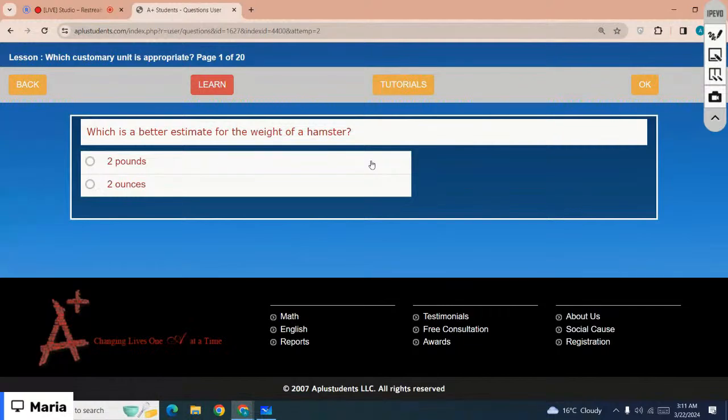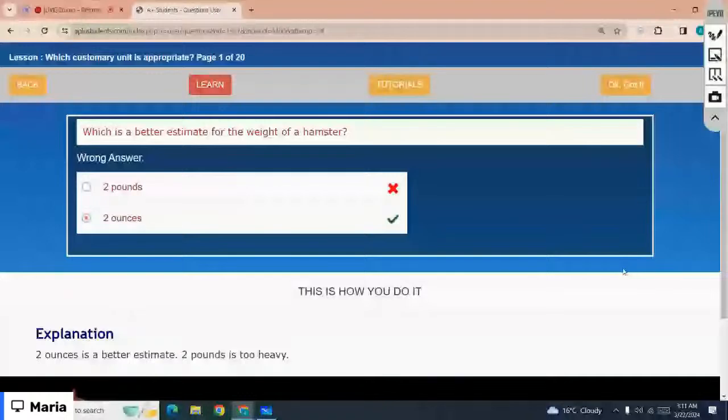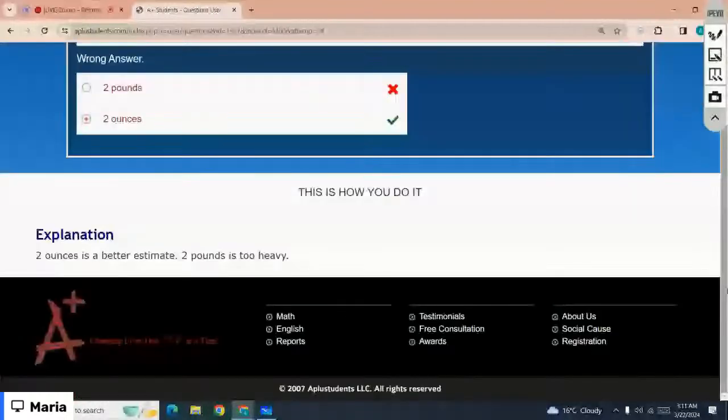Two pounds is too heavy for a hamster, right? So the correct option is 2 ounces.